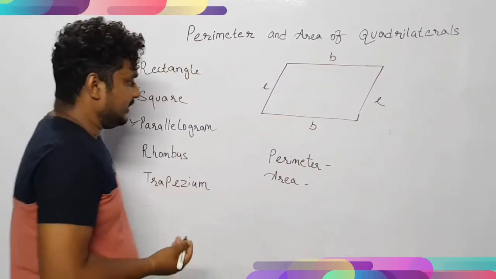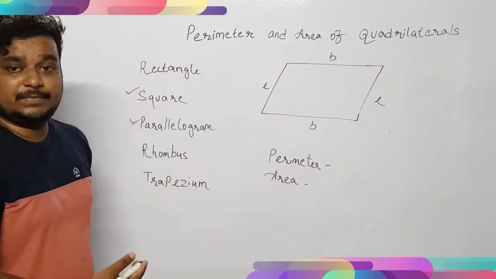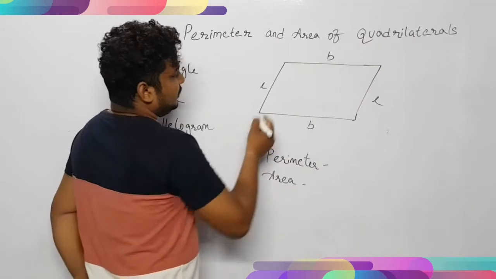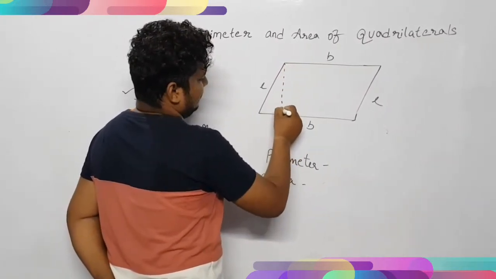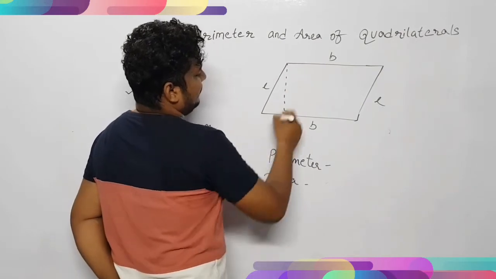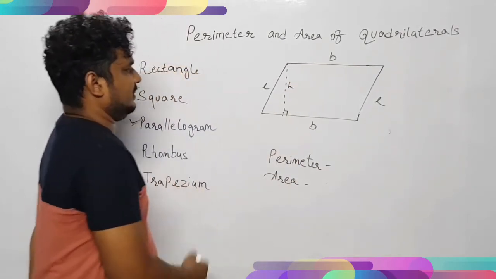Whenever we need to find the area of a parallelogram, we need to draw one height. We draw one perpendicular, and that will be the height h.